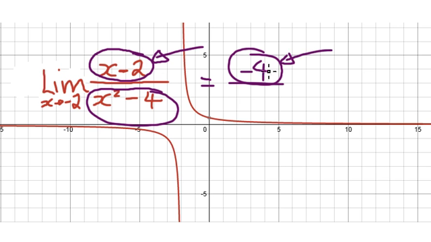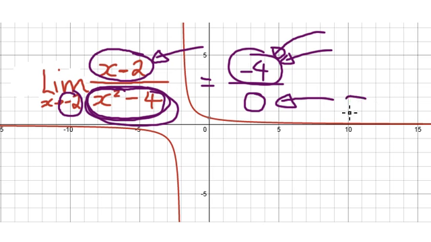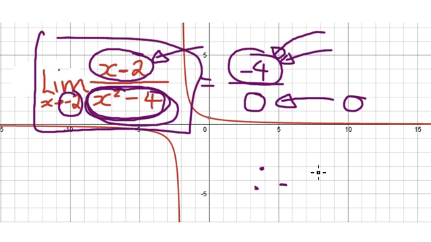The limit of the bottom function as x approaches -2 is 0. So here the top has a definite limit other than 0, and the bottom has a limit of 0. Therefore, we can conclude that the limit of the whole thing does not exist.